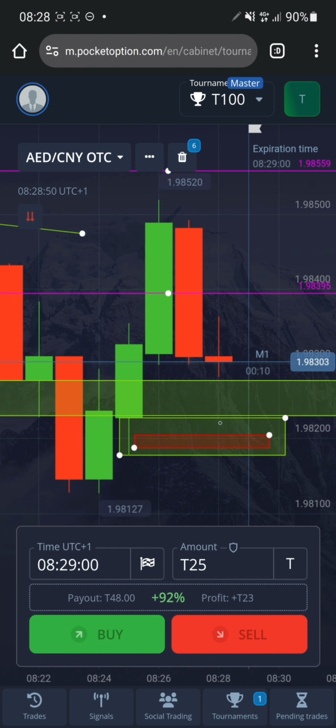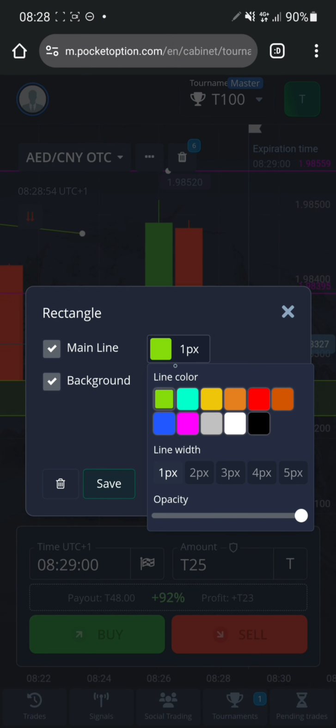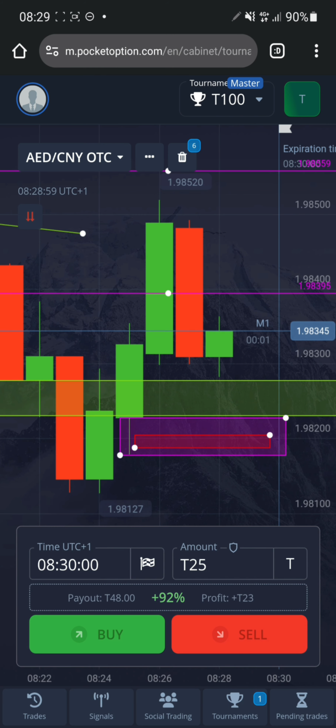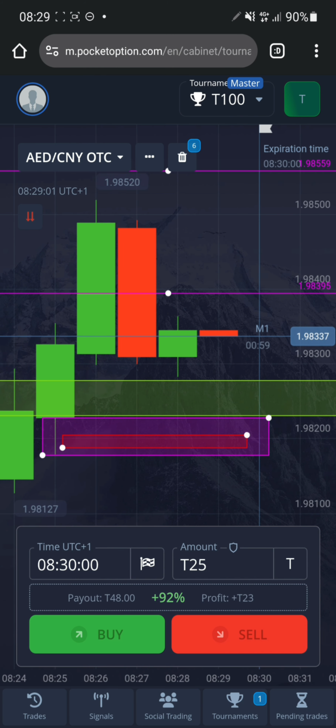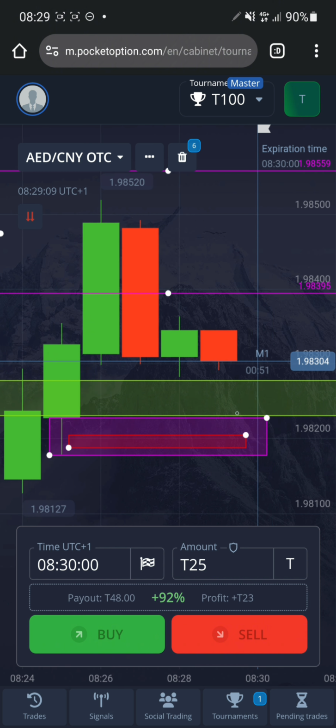So as soon as it enters into this place, we'll take the trade, but I'm wondering why the color did not change here. After I saved it, okay, good. So we're waiting for the price to touch this area, this pink area. Once it touches it, we'll take it.